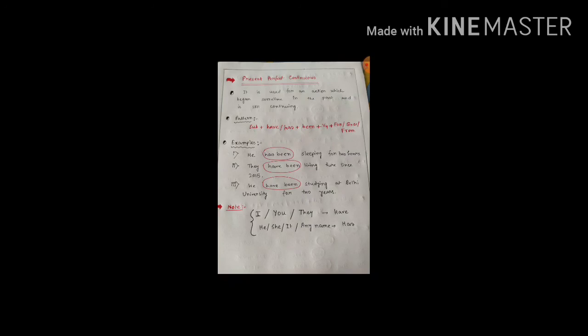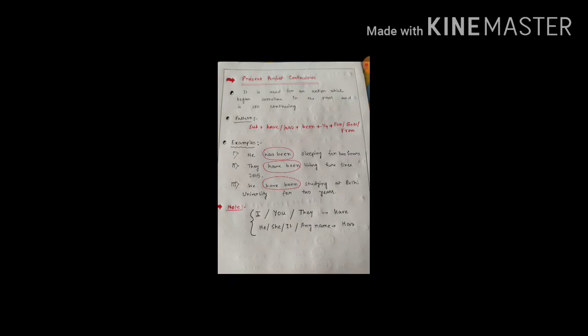And in the third example, I write, we have been studying at Delhi University for 2 years. That means we started to study at Delhi University 2 years ago and it is still a continuing process. So here the present perfect continuous tense is used.